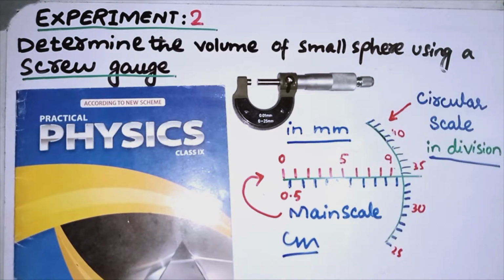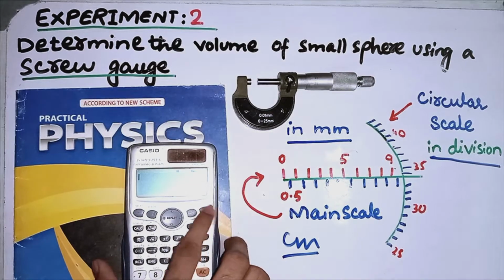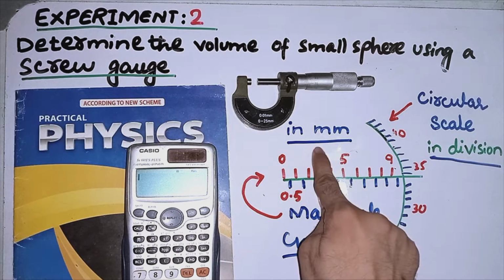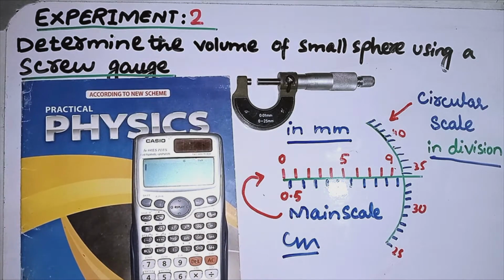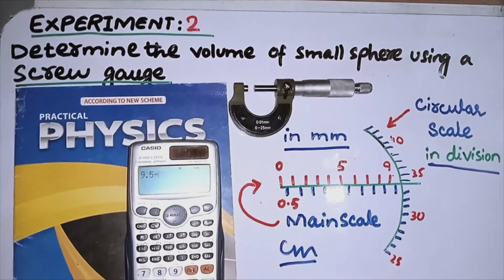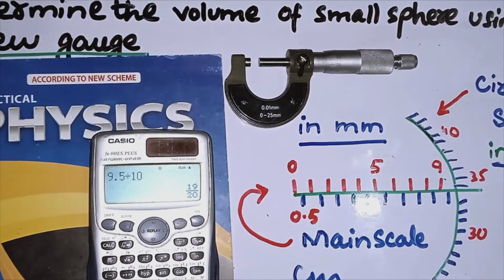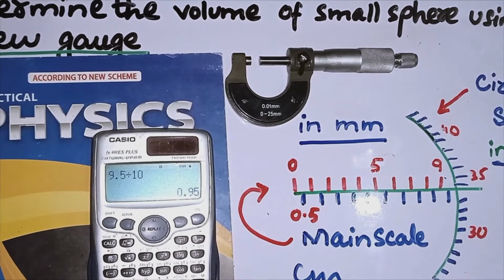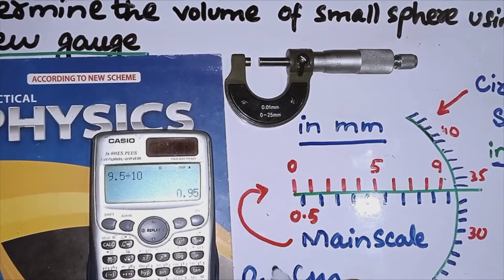Okay, so we will see how to convert millimeter into centimeter. Let's suppose my current reading is 9.5 millimeter. So how will I convert it into centimeter? 9.5 divided by 10, I will get 0.95 centimeter.